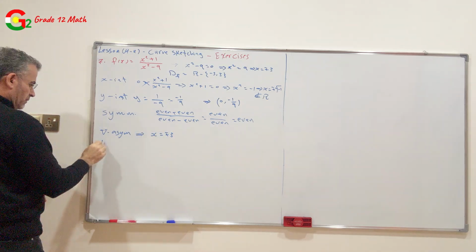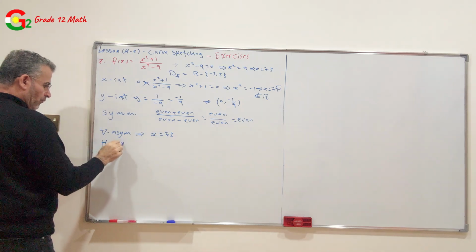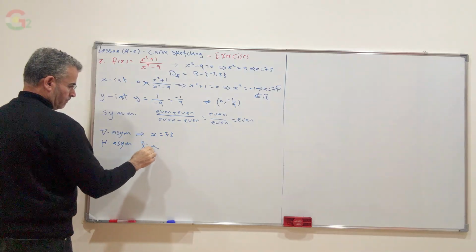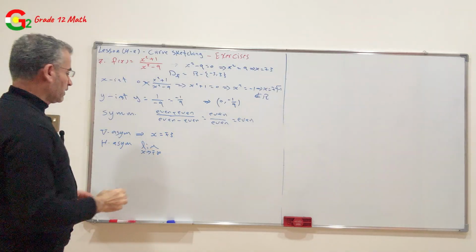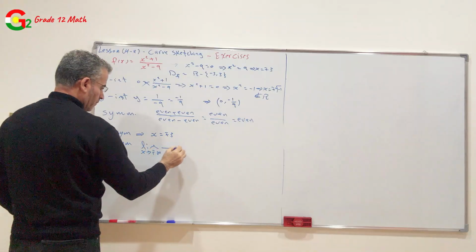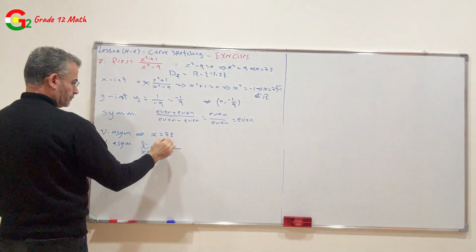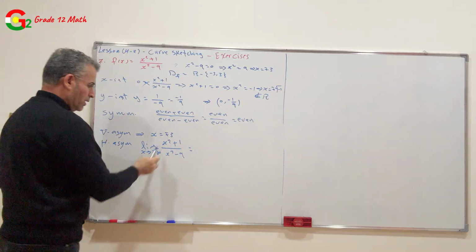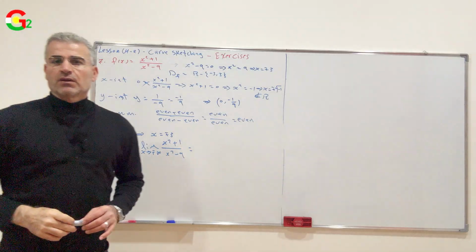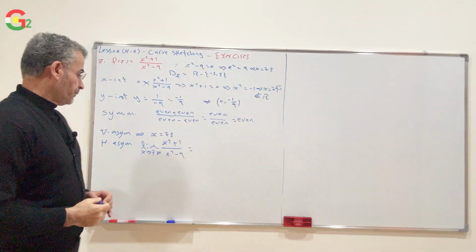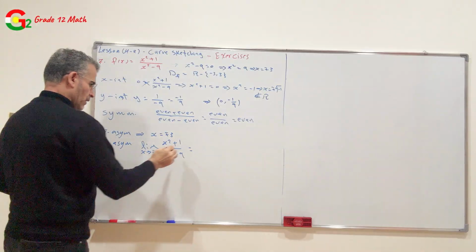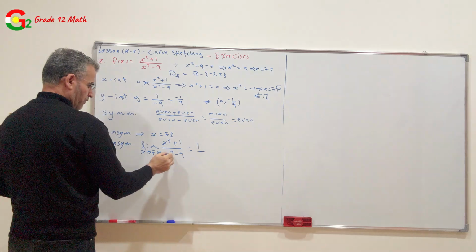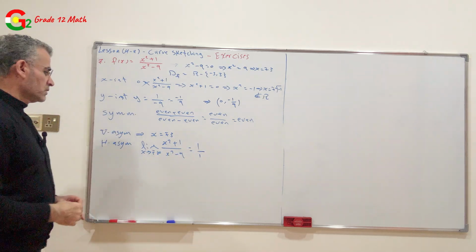For horizontal asymptote, we find the limit when x approaches plus or minus infinity for the function (x^2 + 1) over (x^2 - 9). Since the numerator and denominator are of equal degree, the coefficient of x^2 in the numerator is 1 over the coefficient in the denominator, which is also 1.